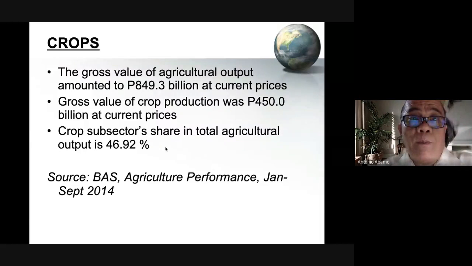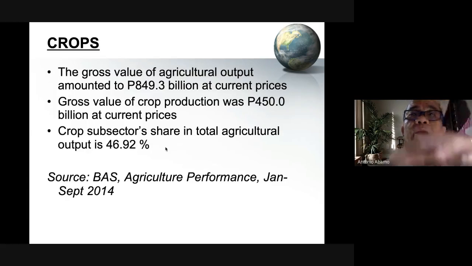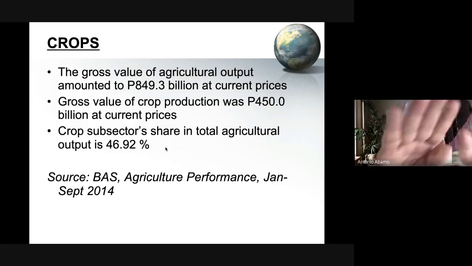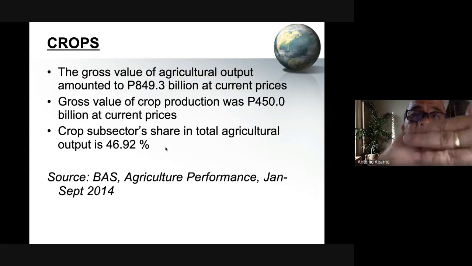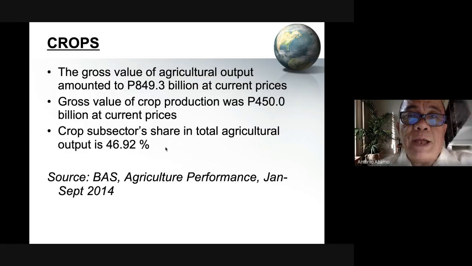Now the value added in agriculture will be the total value of agricultural output minus investment. That is, for example, the value addition to agriculture. If you deduct other parts there, then that will be the net value of agricultural output.